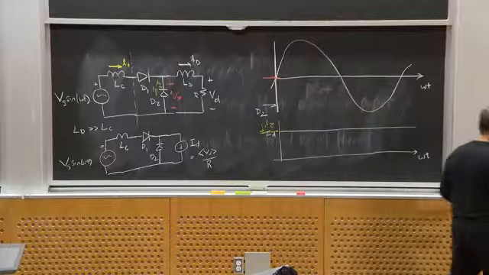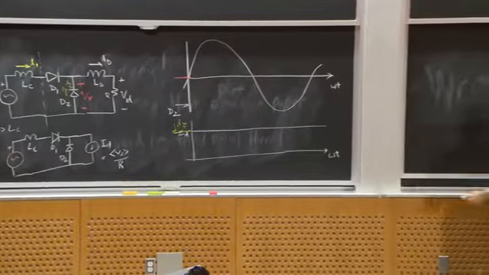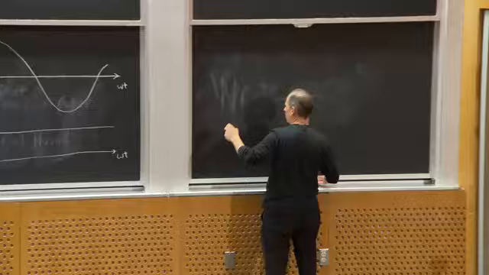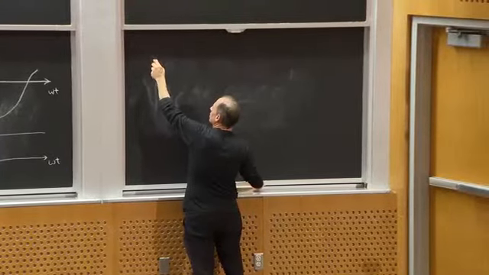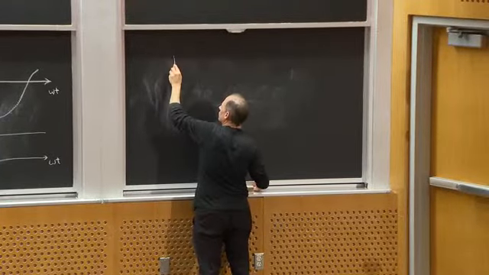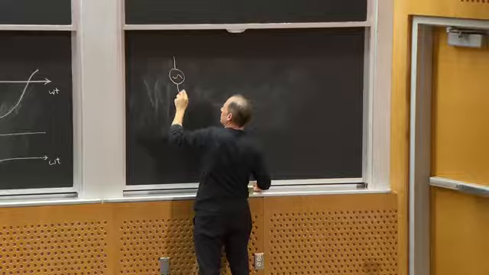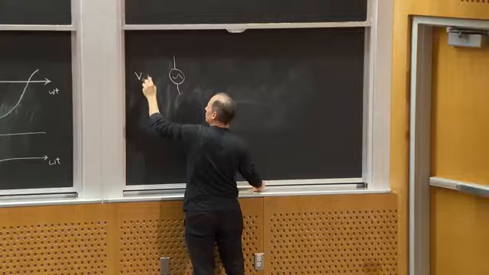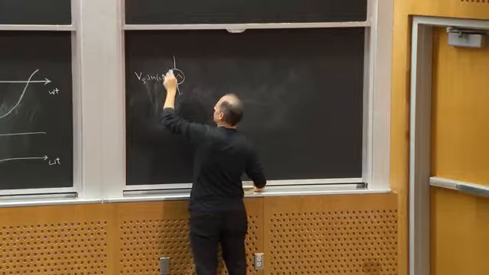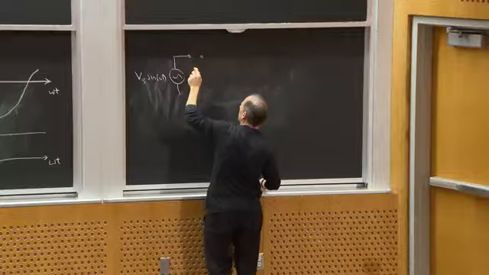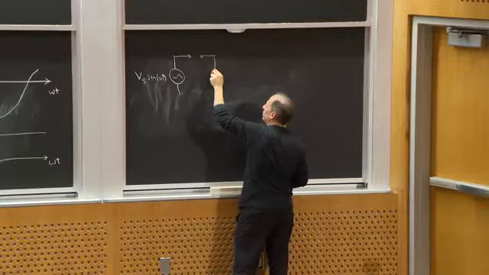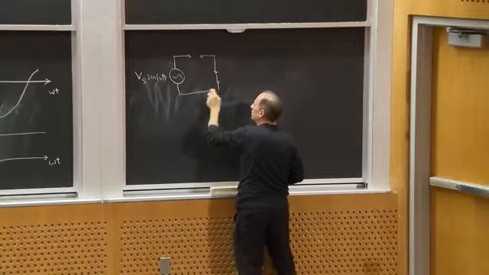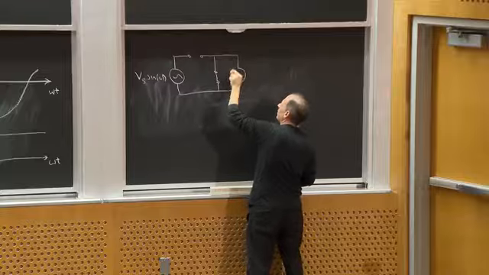Well, let's just draw that out again. What I'm going to have is my method of assumed states. I had this device open, this device is a short circuit, and here's my load current.